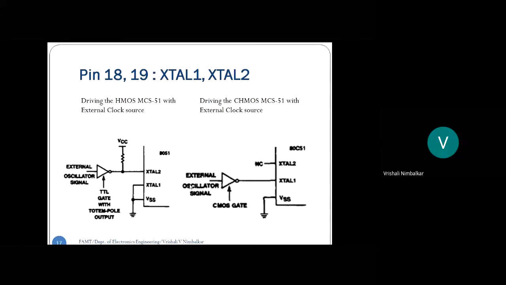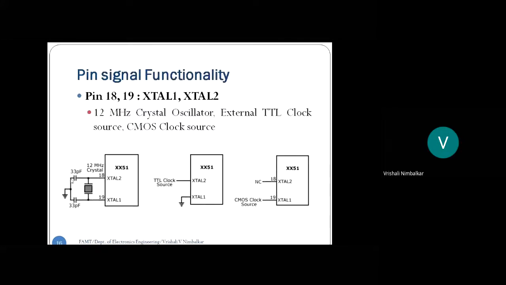Whereas some external oscillator will be connected to a CMOS inverter, and the output of the CMOS inverter is connected to XTAL1. So that is the CMOS clock source. The first one is a TTL clock source, and the initial one was a crystal oscillator.